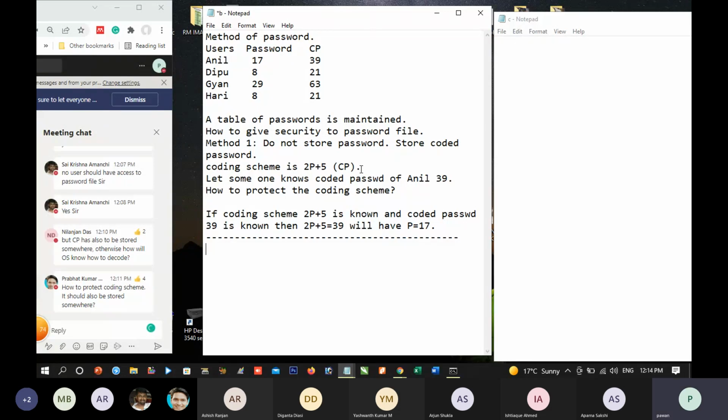The coding scheme is to be stored somewhere. If the coding scheme and the coded password are known, then you can know the original password. Is this all right to you? So we shall see what is the solution to this problem.